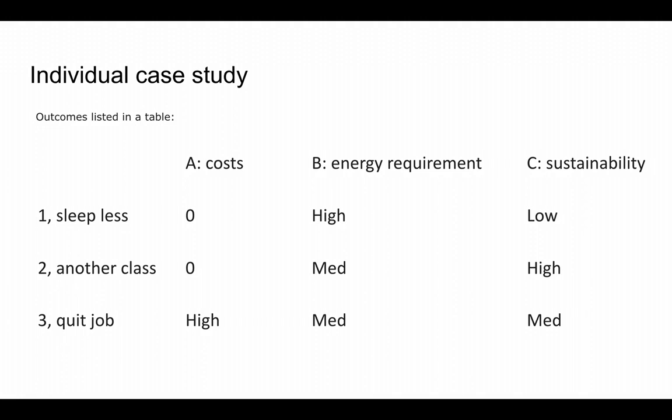So compared to the first one and the third one, this one in the middle appears to be the best choice. So based on the holistic view, this is the best choice.